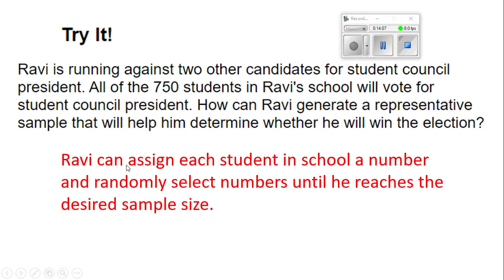Well, Ravi can assign each student in the school a number and randomly select numbers until he reaches the desired sample. Let's say he wanted to do 100 students. He would assign each of the 750 students one number, 1 through 750, and then randomly select numbers, and then he can ask those students who they think they would vote for, and that would give him an idea of how he's doing in this election.